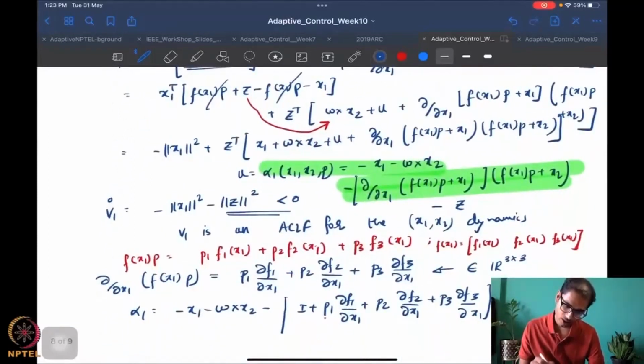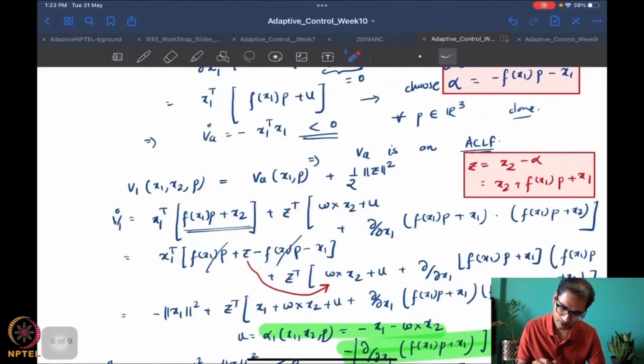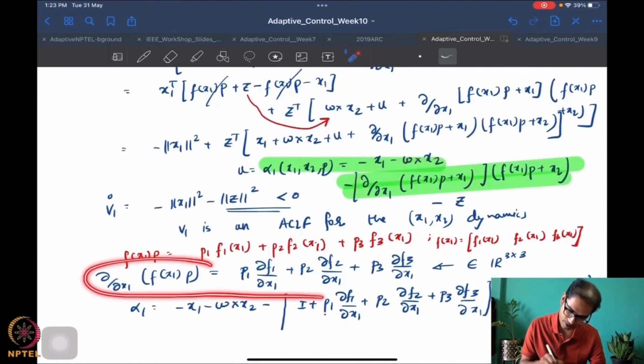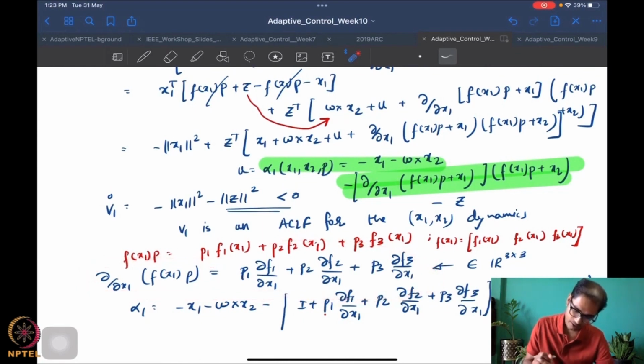So alpha was essentially this guy with a negative sign, so the partial of this is simply going to be this entire thing plus an identity with a negative sign.